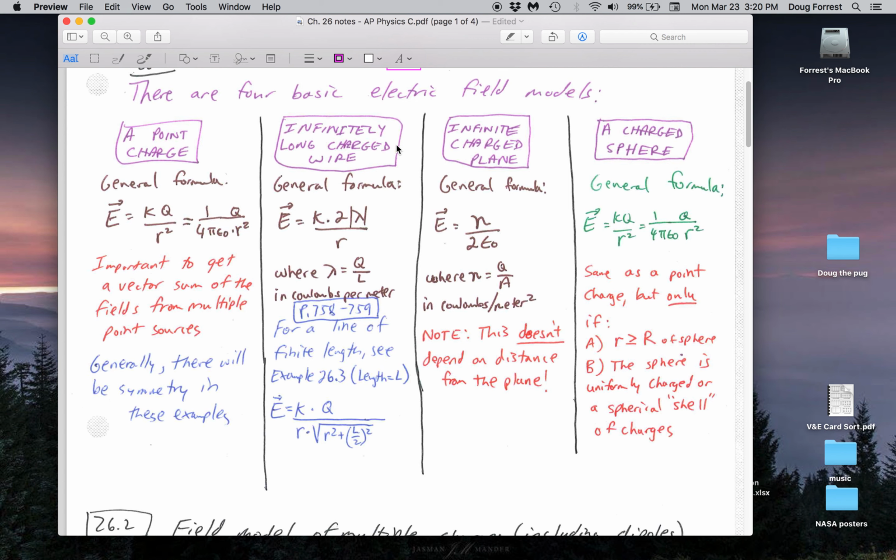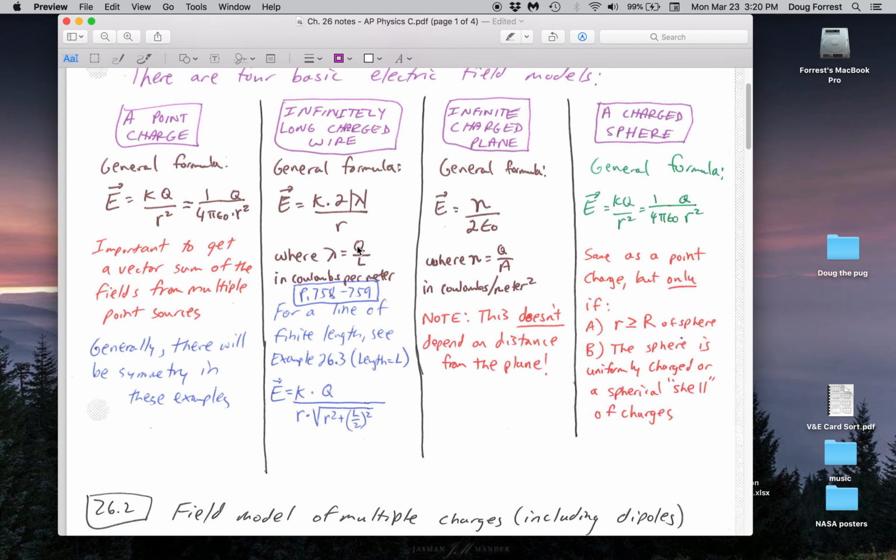Okay, what about long wires and infinitely charged planes? Well, those are a little bit different. You might imagine that because a wire is going throughout a line through space, the electric field changes differently than from a point source. And that's true. For an infinitely long wire, it decreases inversely as you get further from the wire, not inverse squared.